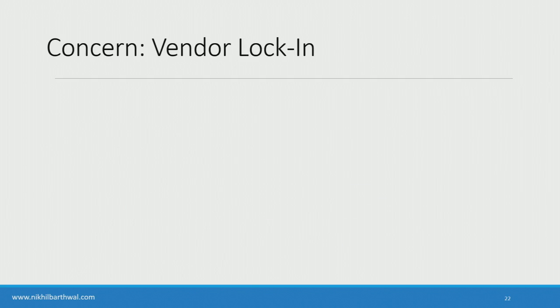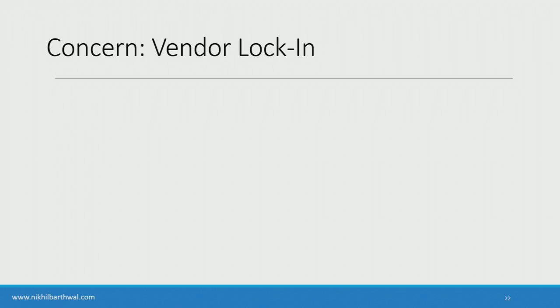One of the concerns that often comes up with serverless computing is vendor lock-in. Part of the reason is that serverless is relatively new. I think AWS Lambda came in about 2015, so it's a little more than 3 years.